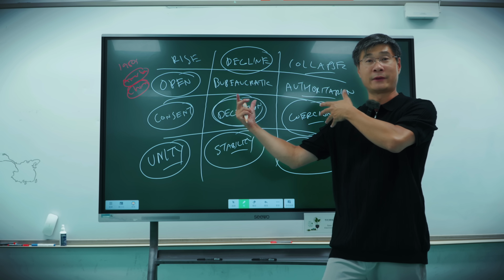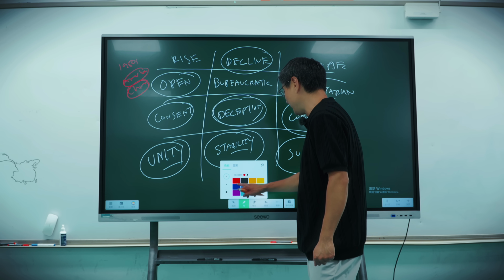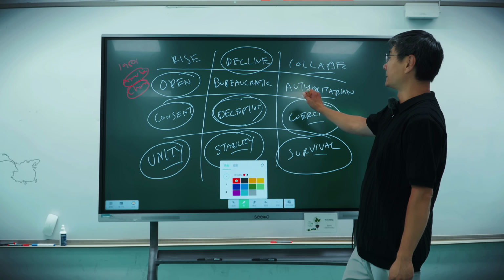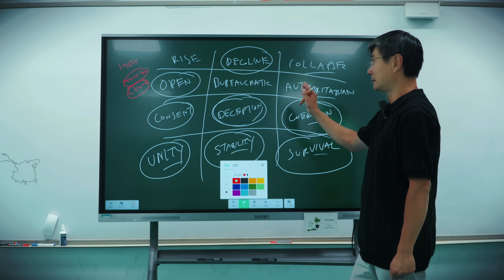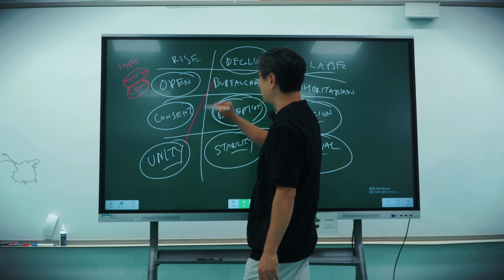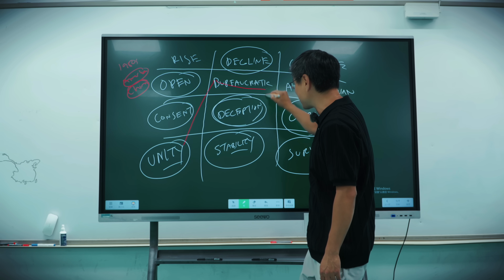Now, what's really interesting about this is the timing, okay? So if you actually look at societies, the timeline, it goes like this, okay? There's a steep rise, the decline is slow, and the collapse is sudden.